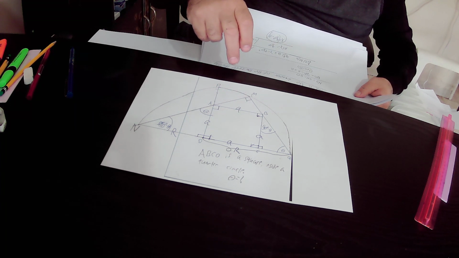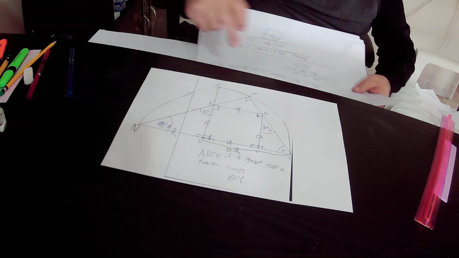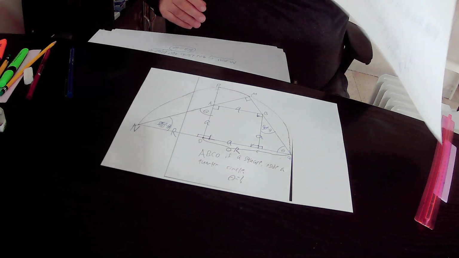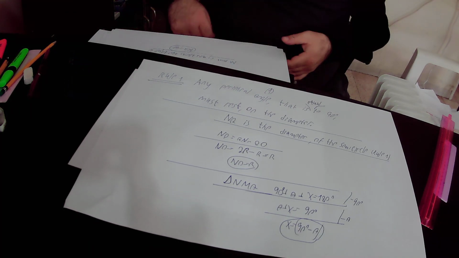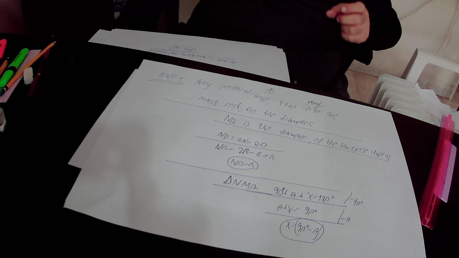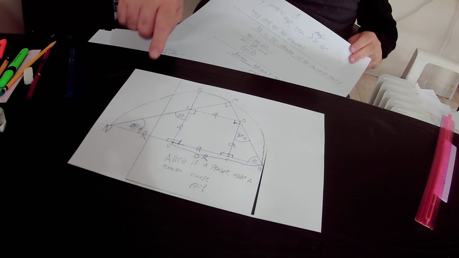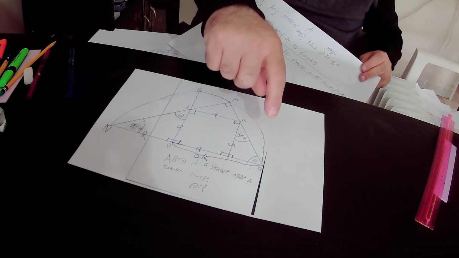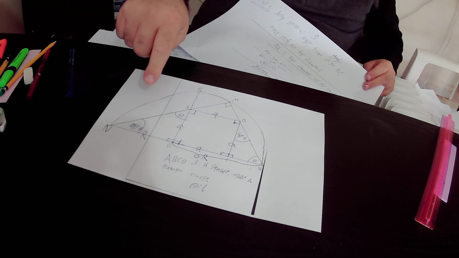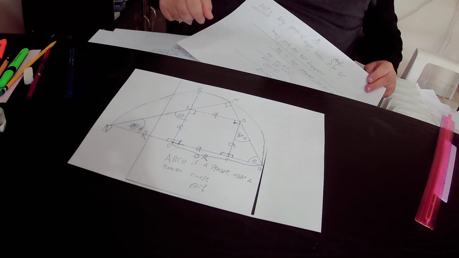So we have here a peripheral angle NMQ, that is a right angle, and we have rule number 2 that states that any peripheral angle that is equal to 90 degrees must rest on the diameter. Because the peripheral angle NMQ is equal to 90 degrees, it must rest on the diameter. That is to say, NQ is the diameter of this semicircle.